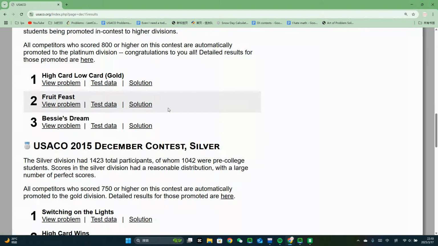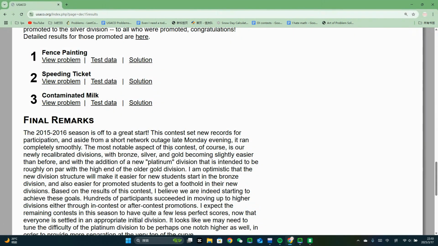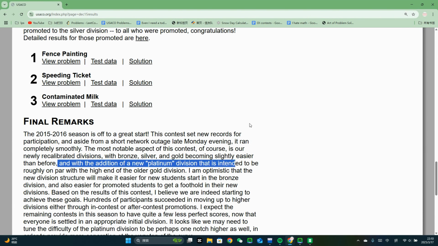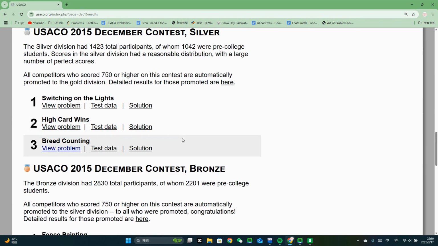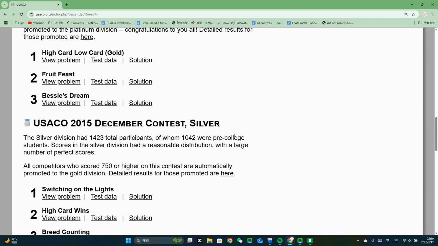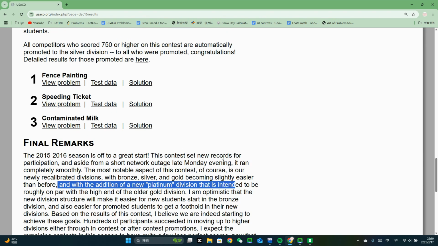Let's see. Oh yeah, it was a newly added platinum division. So it was in the 2015 December contest that they first added the platinum division that we're now familiar with. And the contests right before it and right after it were all quite easy, as in this 2025 February level of easy.